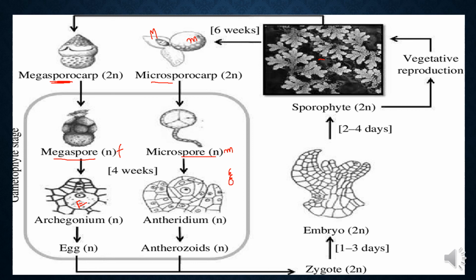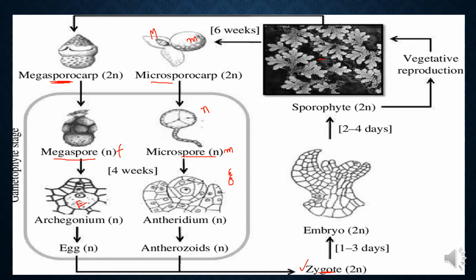So ultimately the sperm fertilizes the egg, and the zygote, a diploid structure, is formed. So the zygote is the first diploid structure. Up to this one is the haploid stage, and the rest is the diploid stage.